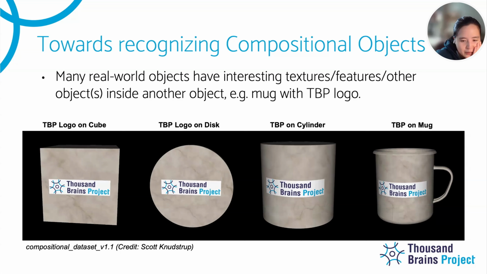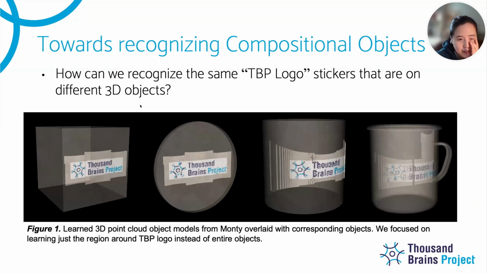One way to frame it is how can you recognize the TP logo stickers that are on different 3D objects? That's one narrow case, but for example, with our current Monty, we can learn a 3D object model, maybe just on the logo area. On the cube, you can learn this Thousand Brains project area, and with this learned model I can recognize it on a different surface like a disk, because both of them are flat.